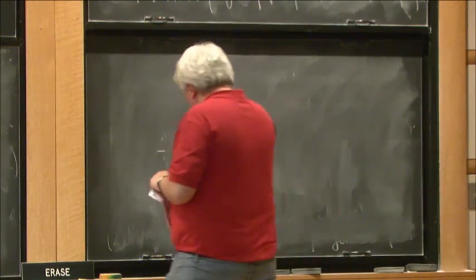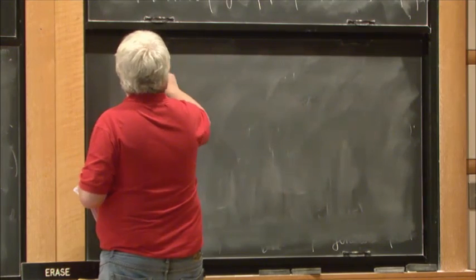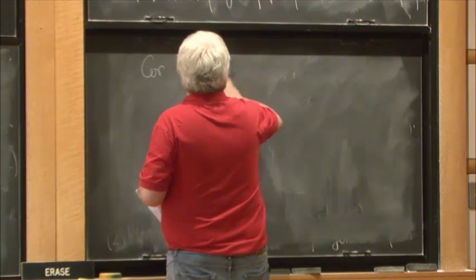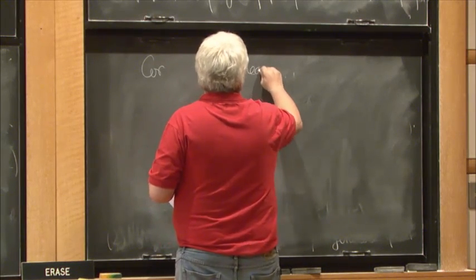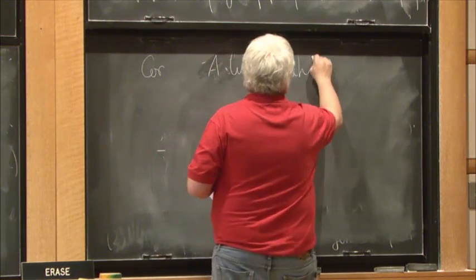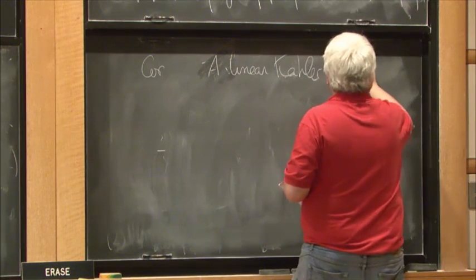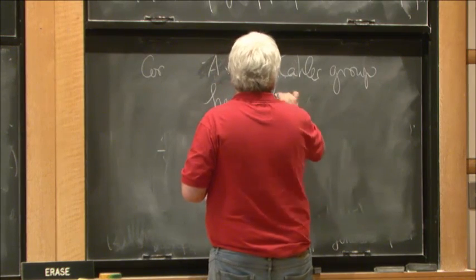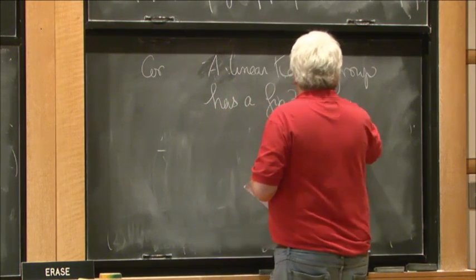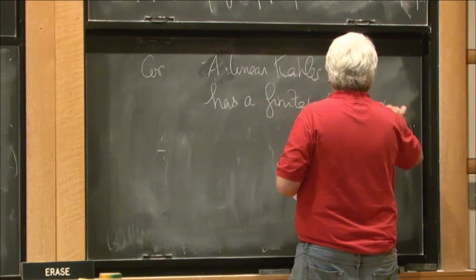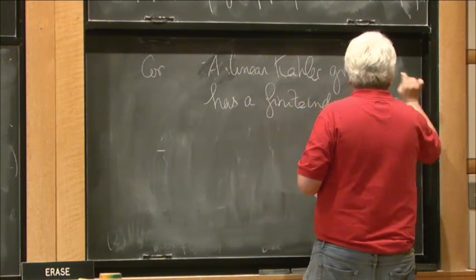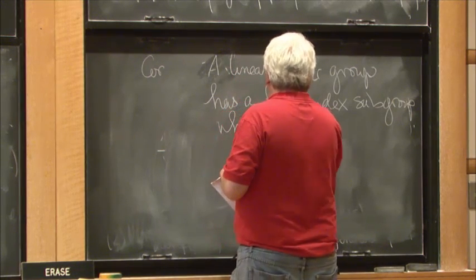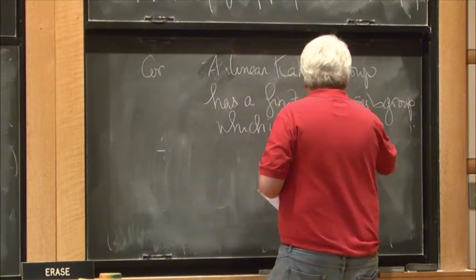So the corollary is that if a Kähler group is linear, so a linear Kähler group has a subgroup of finite index which is complex projective.